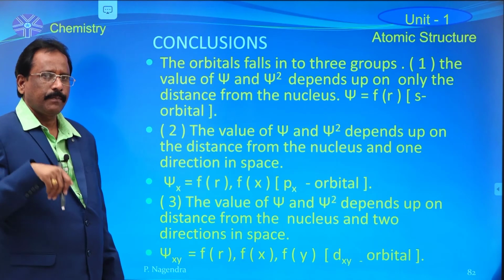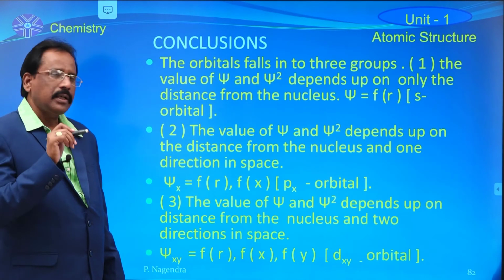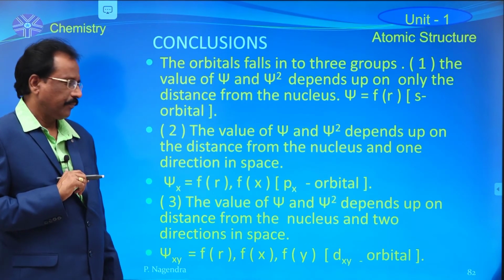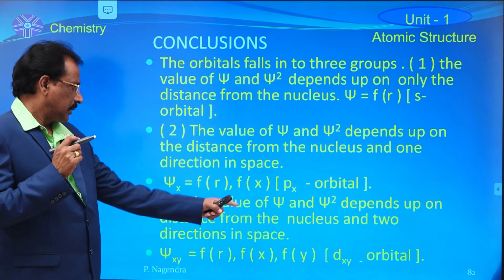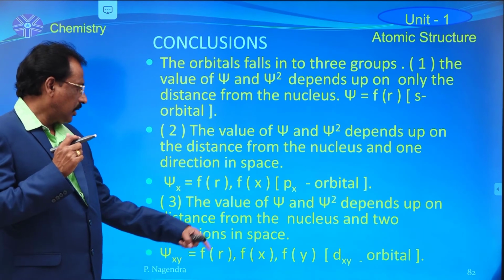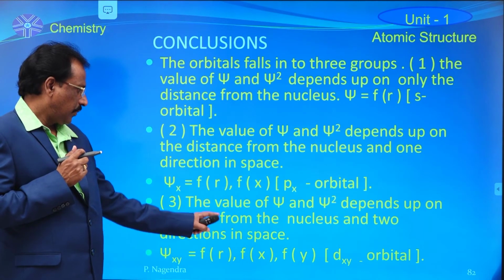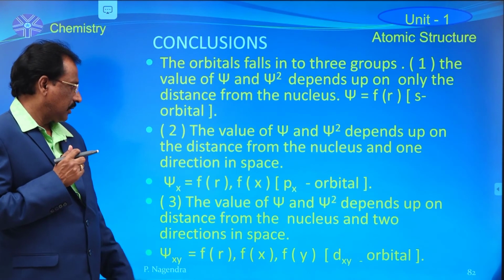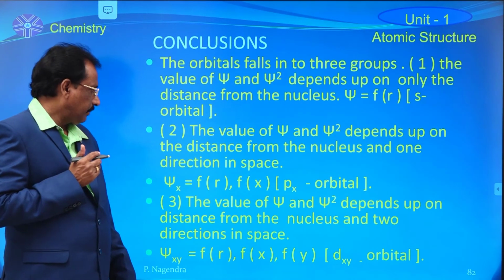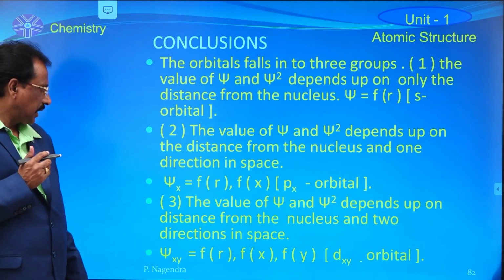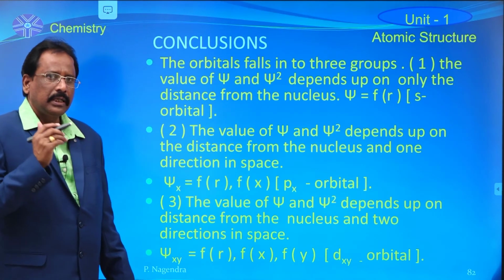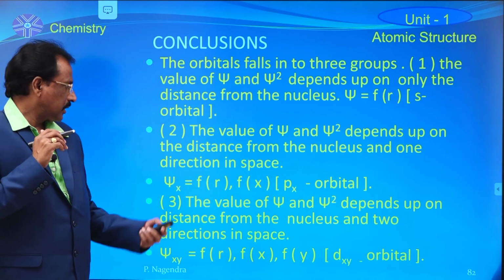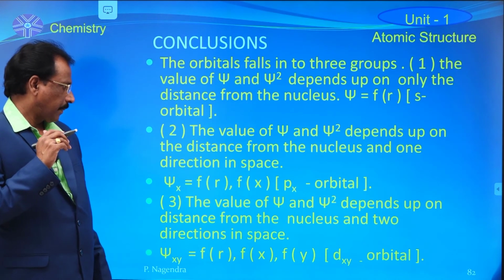In dxy orbital, four lobes are concentrated in between x and y axis. That is why for that orbital, function of radial distance, function of x direction, function of y direction. That means for d orbital, the value of psi and psi square depends upon radial distance from the nucleus and two directions in space.